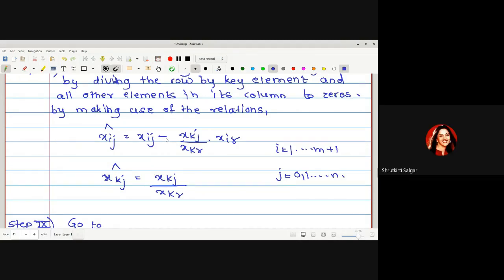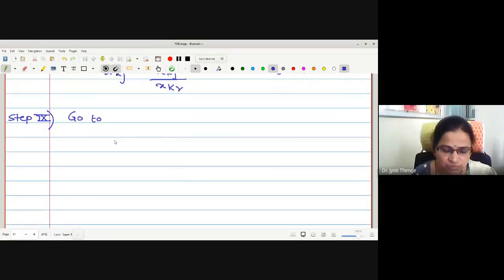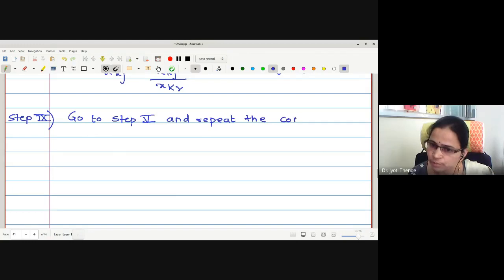Okay, ma'am. Now here we want to go to step number 5. Go to step 5 and repeat the computational procedure.